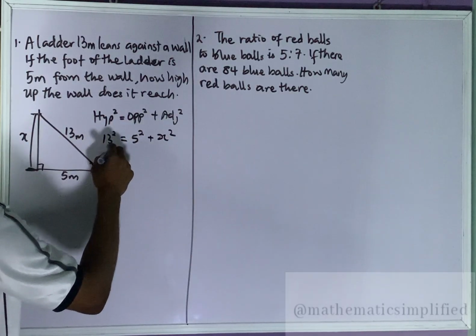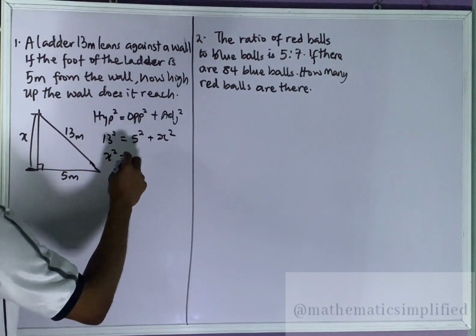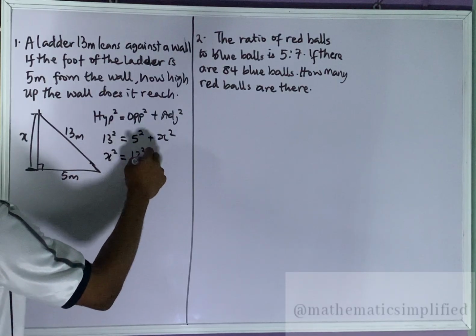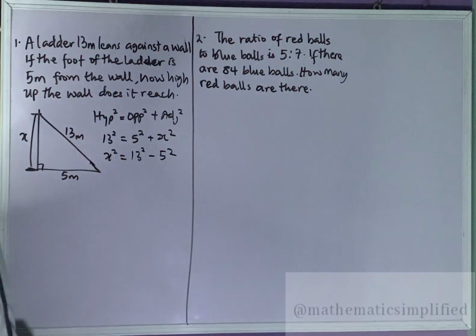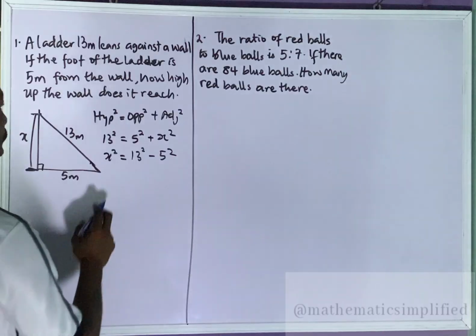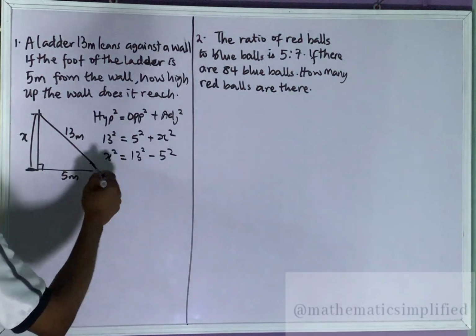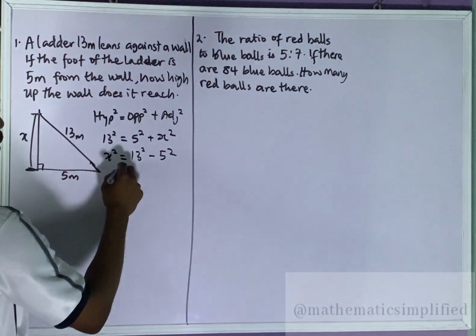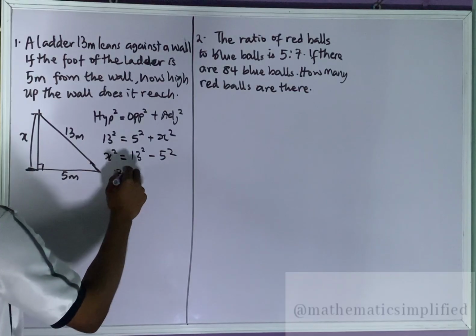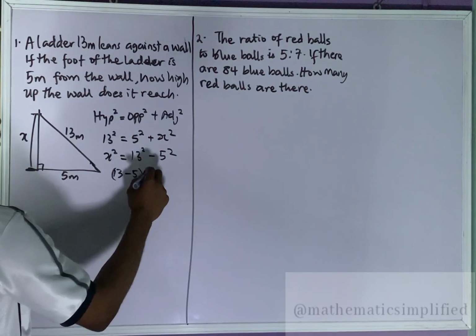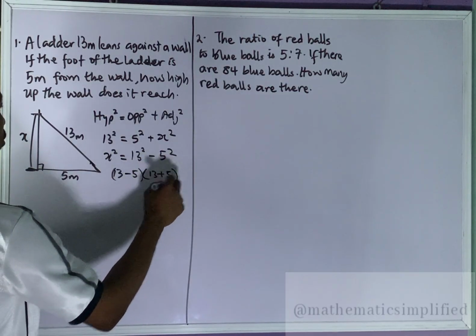Okay, so x squared equals what? 13 squared minus 5 squared. Okay, so applying the difference of two squares rule, we have 13 minus 5 times 13 plus 5.